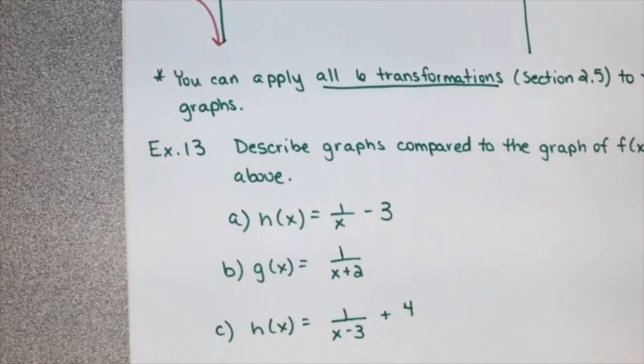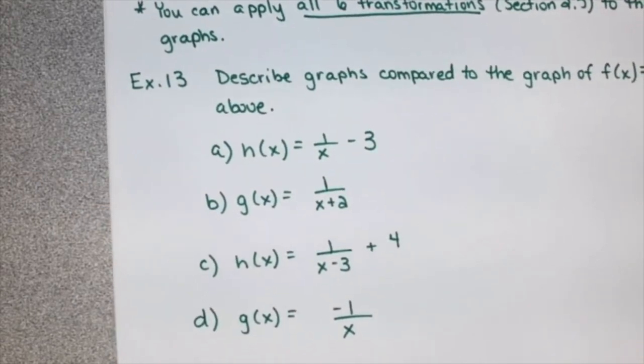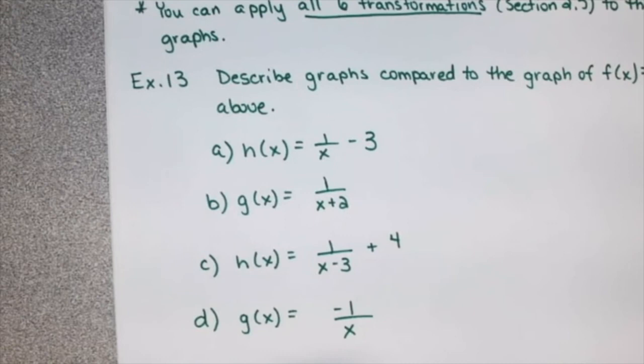So when I say describe, I don't really expect you to sketch it. I just expect you to explain to me what's different. Okay. So before we go on, just know that all of the above graphs will have the same general shape as 1 over x. So maybe we don't have to explain that every time.